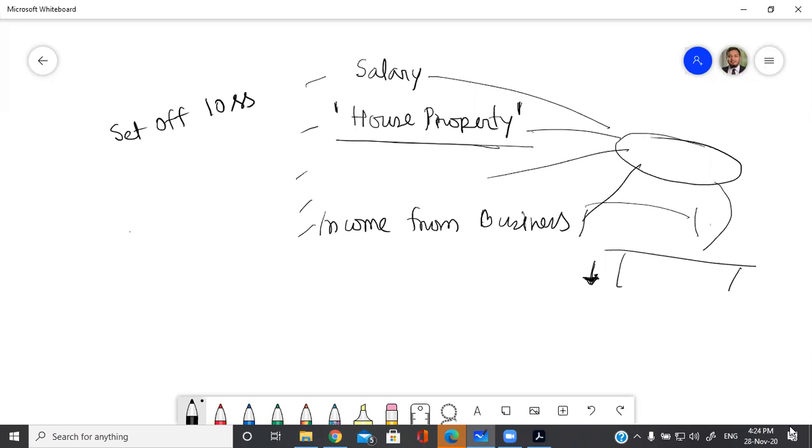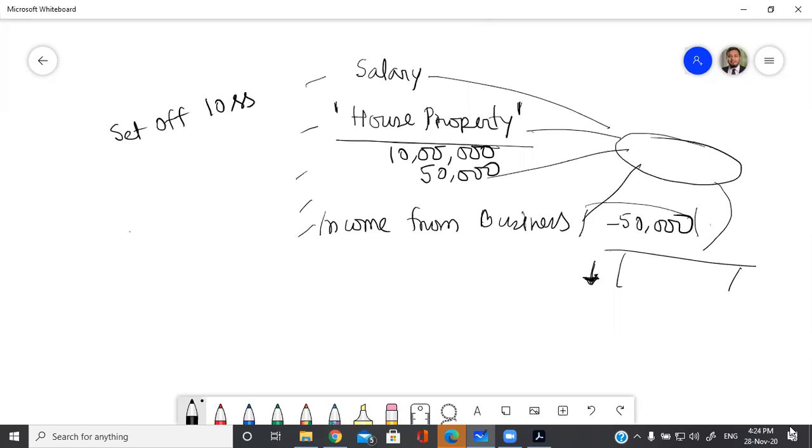Say you have income from business like this. Say you have incurred a 50,000 loss, but from your house properties you have generated 1 million positive taxable income. So what can you do?